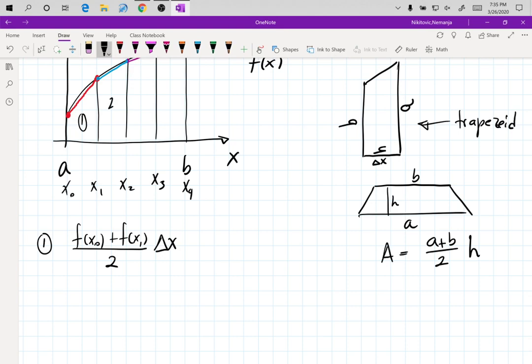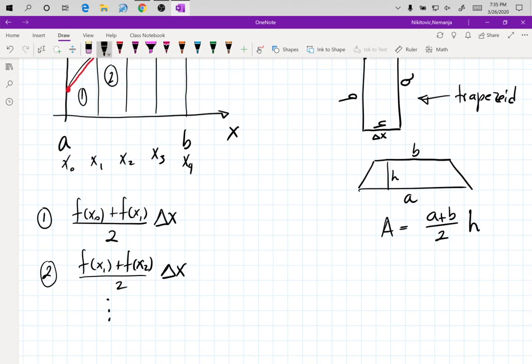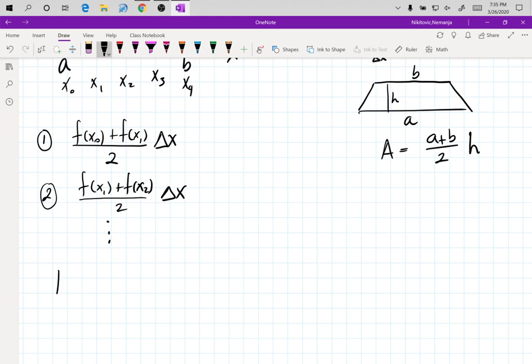So trapezoid number 2 is going to be f of x1 plus f of x2 divided by 2 delta x. So on. Gives us the trapezoid formula, delta x over 2. Actually, you know what? Let me write it.